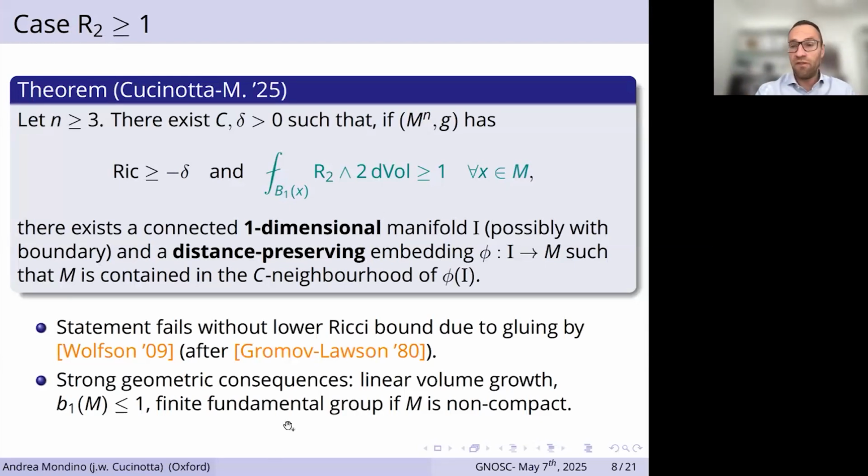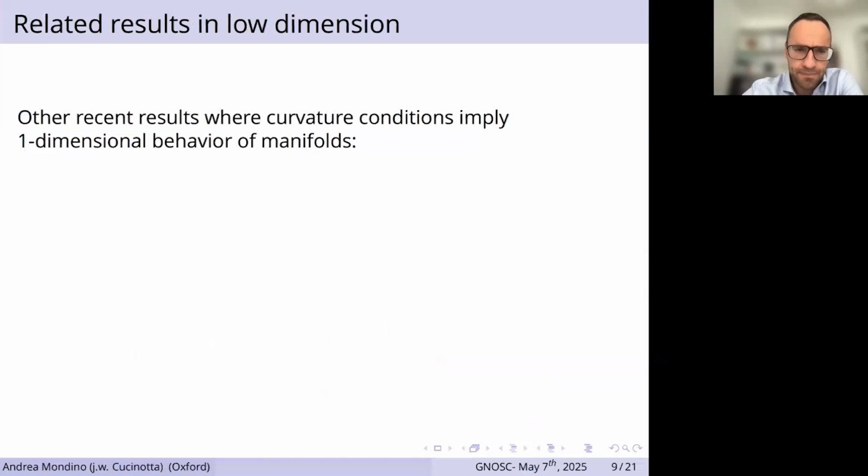And if you have infinite fundamental group, then you can go to the universal cover, and you would have another direction where the universal cover goes to infinity. But the universal cover satisfies this condition, so it must be basically one-dimensional from large scales, and then you get a contradiction. Okay, so just to get an idea of the consequences of these properties.